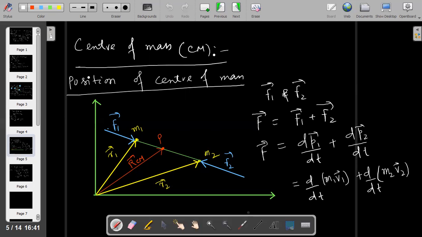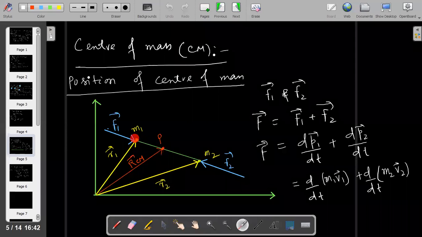The acceleration of these two particles is the same as the acceleration of the center of mass. Do you agree with this?